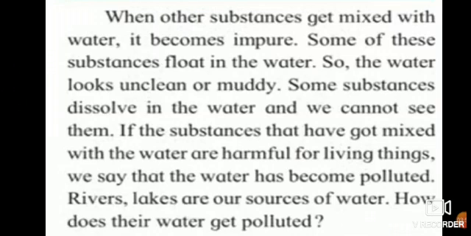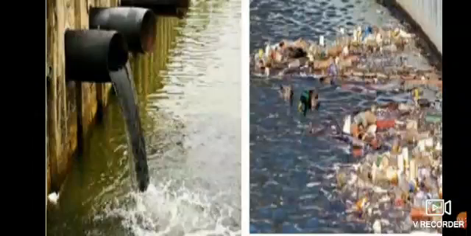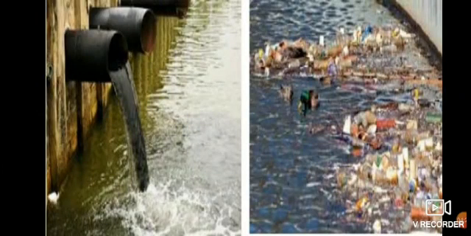Some of these substances float in the water, so the water looks unclean or muddy. Some substances dissolve in the water, and that we cannot see. If the substances that have got mixed with the water are harmful for living things, like in the picture, this water is very harmful for the living things.